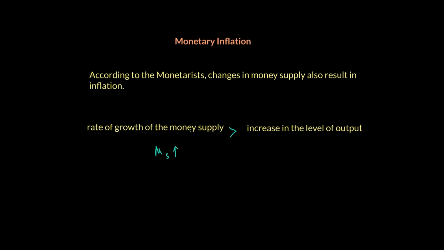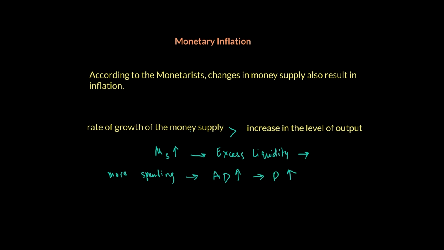So money supply goes up, we say there is basically excess liquidity in the market, and this excess liquidity means that there will be more spending, and this more spending would mean simply the idea that AD will go up, causing our prices or price level to go up.